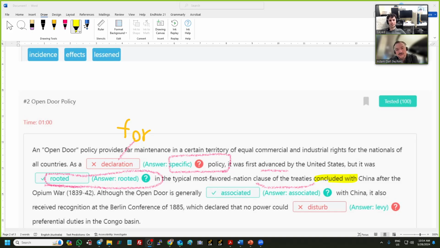So there was a war, a series of wars, and after that a set of agreements were made which guaranteed the rights of, I think, the United States and a number of European powers to sell their products inside China. They won and they forced China to accept their policies. That's the point of this paragraph. They're saying that what looks like an open door policy came out of a forced open policy.